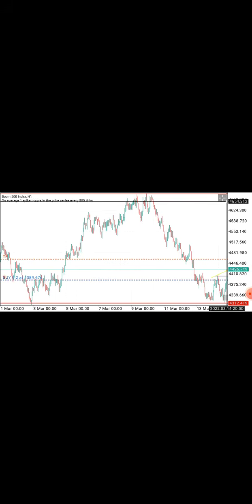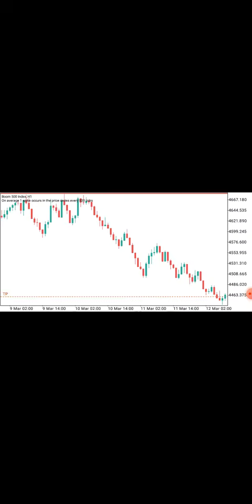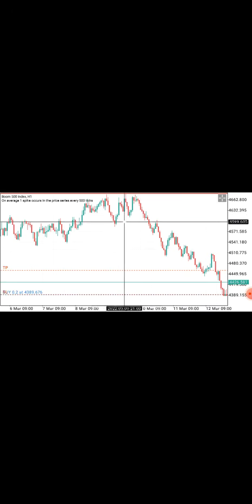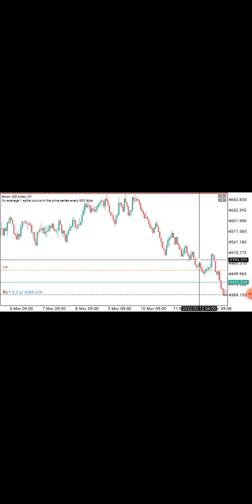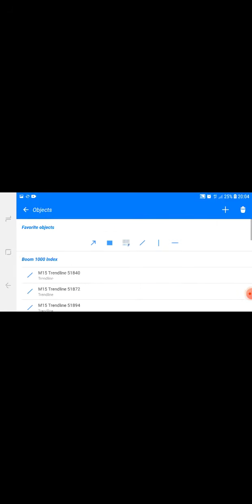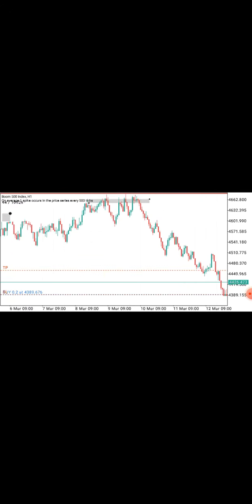Let me zoom in. These ones are the secondary, the inner ones. And then we got this bigger one that led to this whole move. That's what we call a primary high. Let me mark it with my rectangle. We would call this high a primary high, the one that I just marked.